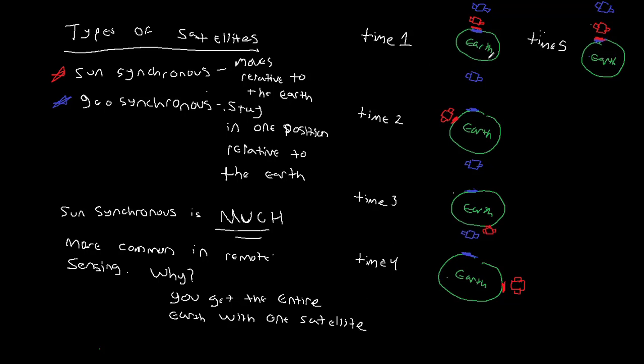And that goes back to this diagram. The red satellite, which is sun synchronous, with this one satellite, we got imagery of the entire Earth with some time frequency. Versus geosynchronous, no matter what time it was, we only ever got one place on Earth's surface. Hopefully that makes sense.